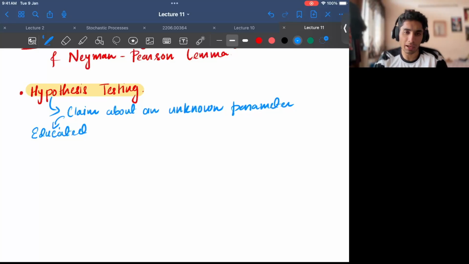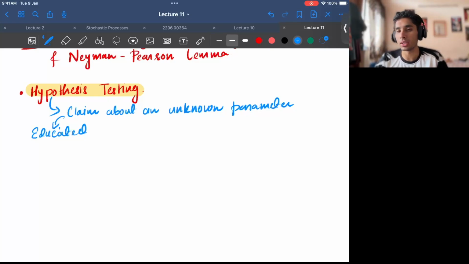Okay, so people keep hypothesizing a lot of things, right? For example, one can hypothesize that India will become a 5 trillion economy. It hasn't happened yet, but we are hypothesizing it because we have evidence for it. These kinds of claims are hypotheses.